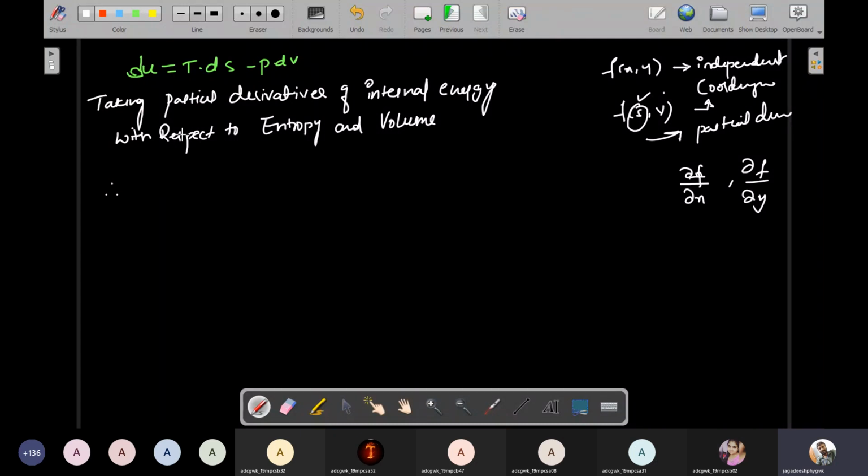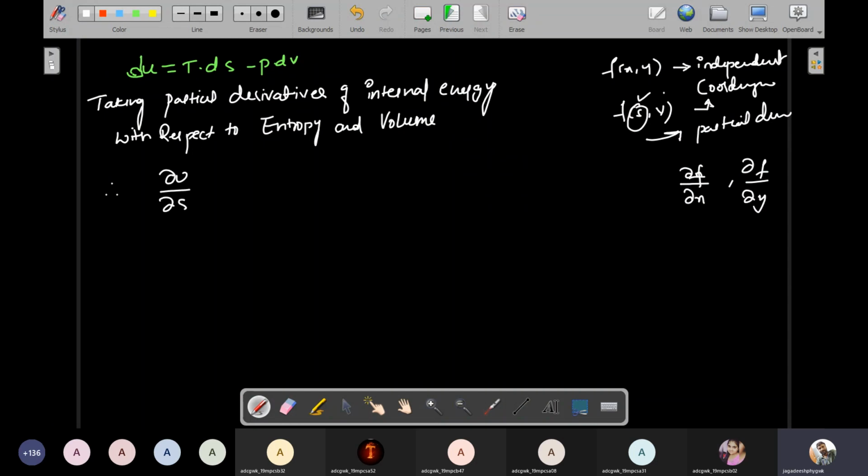Like with respect to entropy and volume. For suppose first entropy, then volume will be constant. Differentiate with respect to volume, then at that time entropy will be constant. So write this equation: dou u by dou s.